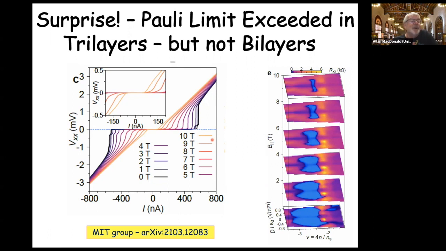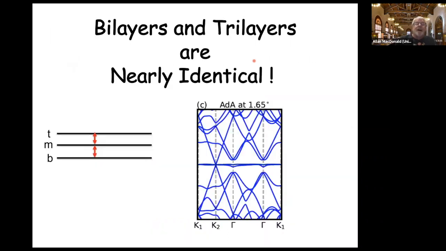So it seems that the superconductivity is occurring as an instability of a state that's already flavor polarized spontaneously. And this exceeding the Pauli limit by a large amount occurs in trilayers, but doesn't occur in bilayers. At least it's not so obvious in bilayers. And I'm going to say that there's an important lesson in that.